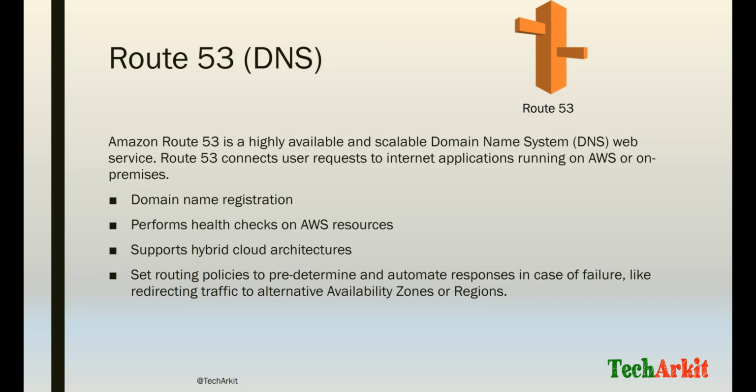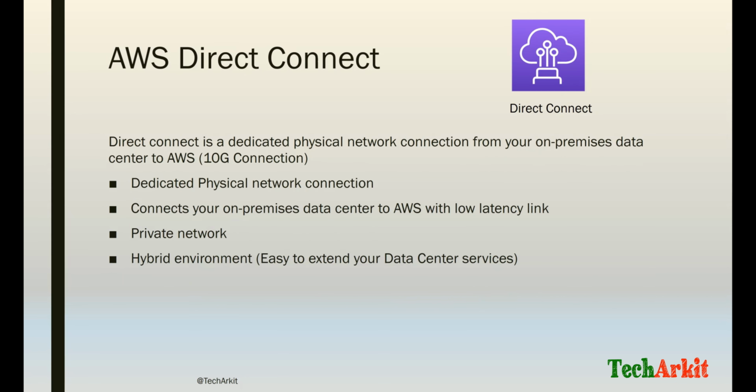For example, if any availability zone fails, you want to reach the similar resources in the other availability zones. If you have multi-region or multi-availability zone deployments for redundancy purposes, it helps you redirect your connections to the multiple availability zones.